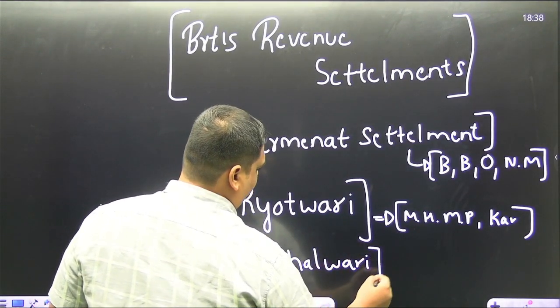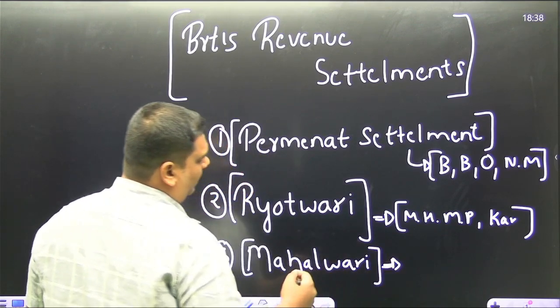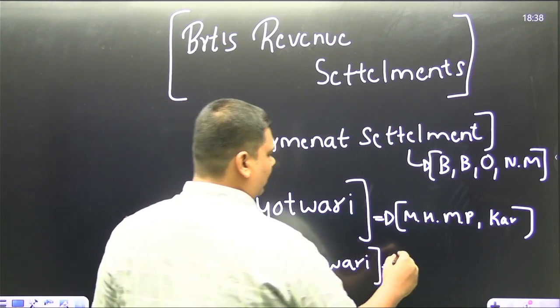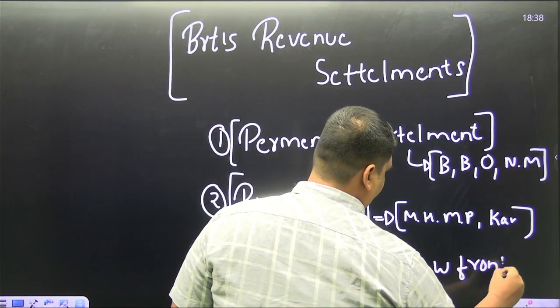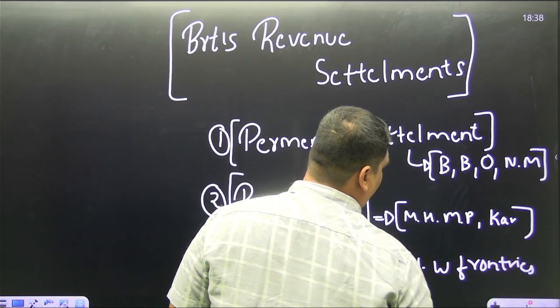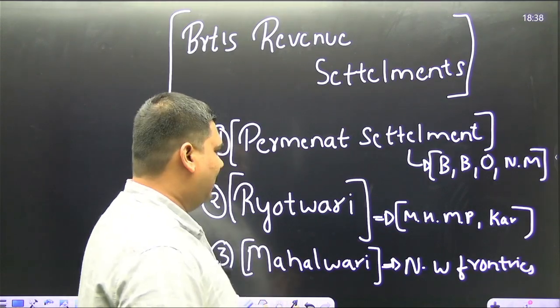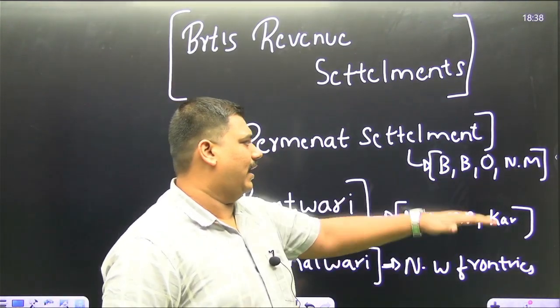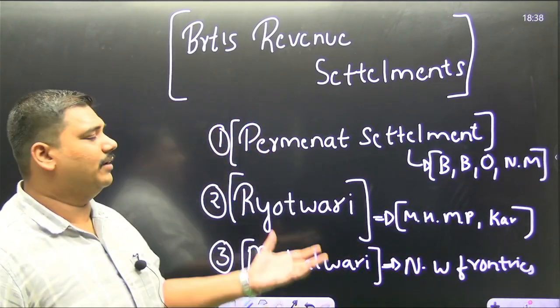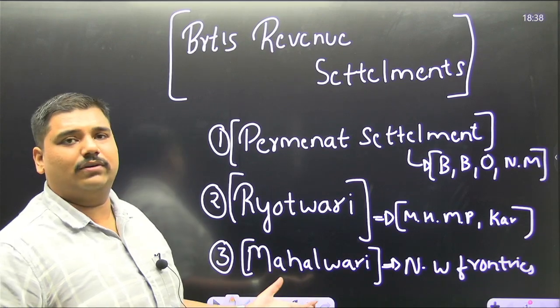Mahalwari system of revenue settlement was implemented in the northwestern frontier. It is your Rajasthan, Punjab, Himachal Pradesh, etc. So various regions of India were subjected to different types of revenue settlements.